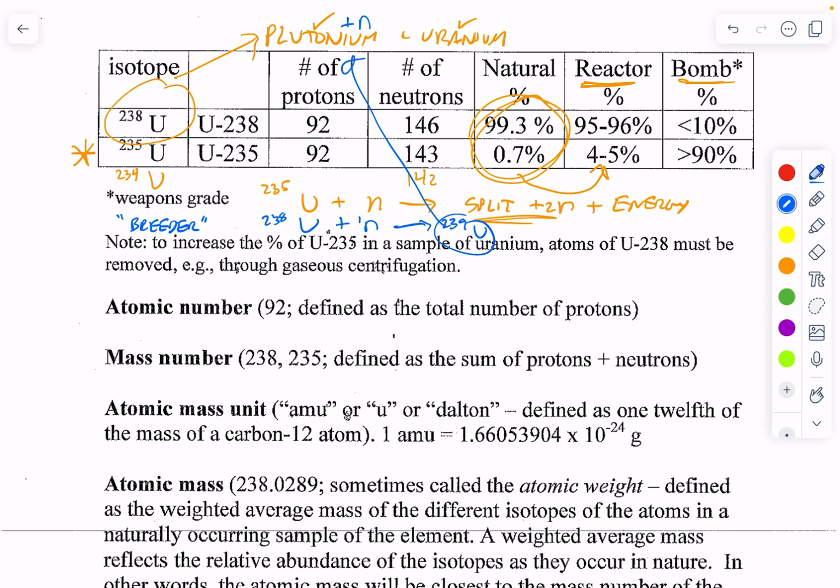Now, that's all beside the point. Back to my concern about the proliferation of nuclear weapons. If you want to have a nuclear bomb, you need to get up over 90%. So that's a big difference to go from 5% to 90%. That means you need lots and lots and lots of high-speed centrifuges.